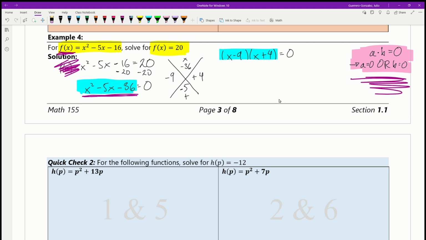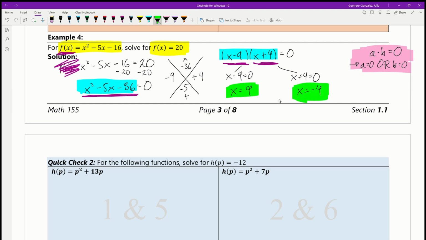We have a product, something times something equal to 0. That means either the first thing's got to be equal to 0 or the last thing's got to be equal to 0. So either x minus 9 is equal to 0 or x plus 4 is equal to 0. And if you do the simple little math here, x is equal to 9 and x is equal to minus 4.